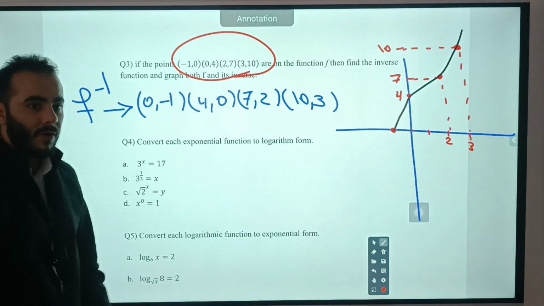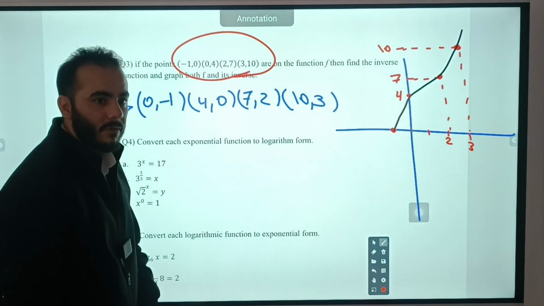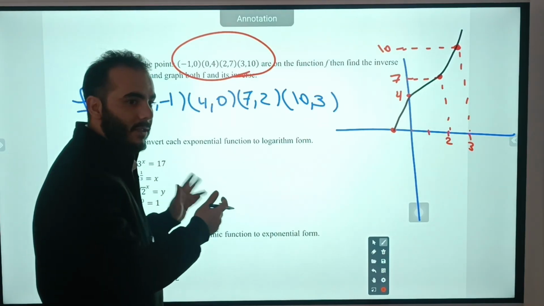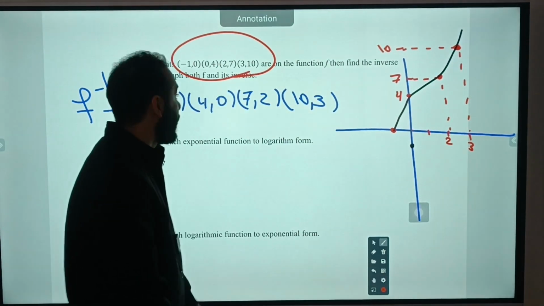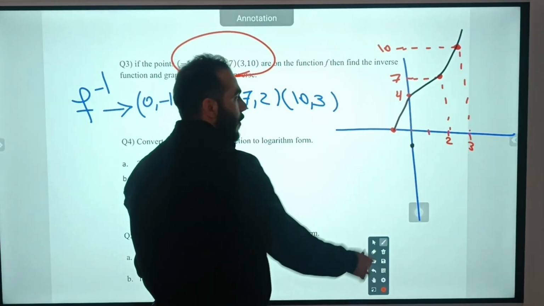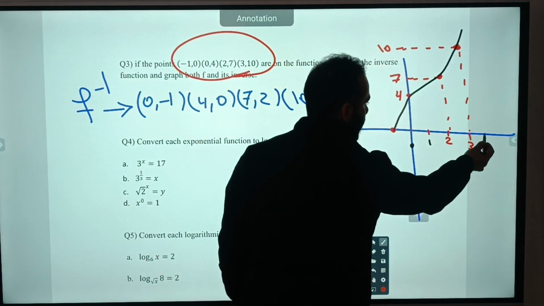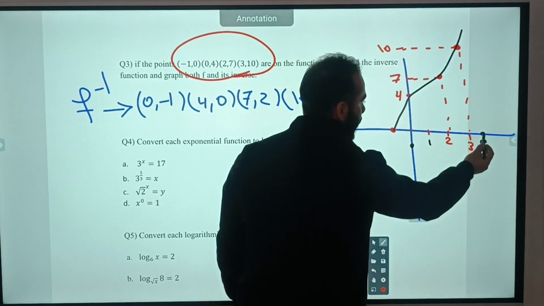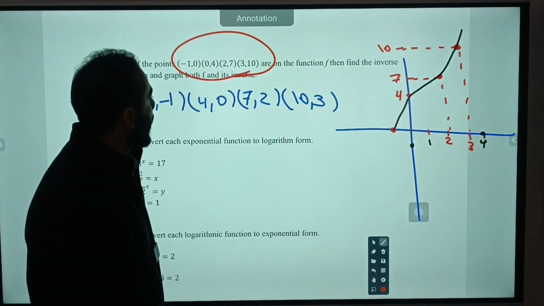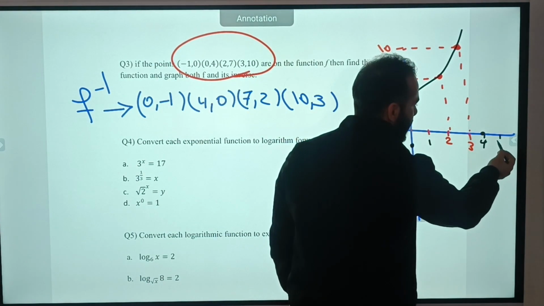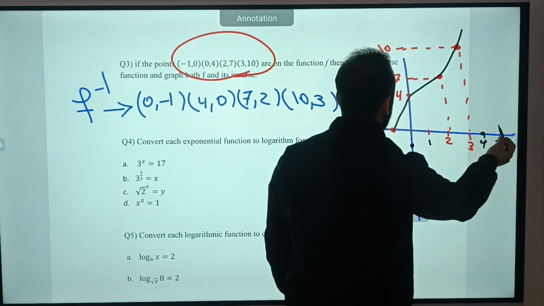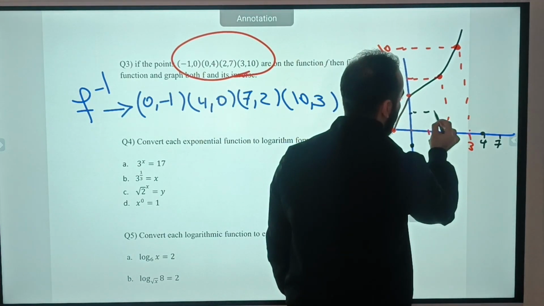And how about f inverse? Note 0 and negative 1. 0 means no left, no right. Negative 1 goes down 1 unit, so here is the point. 4 and 0: 4, 1, 2, 3, let's imagine 4 is here, and 4 and 0 is over here. 7 and 2: we don't have enough space, so let's just make here 7, and 2 is here.